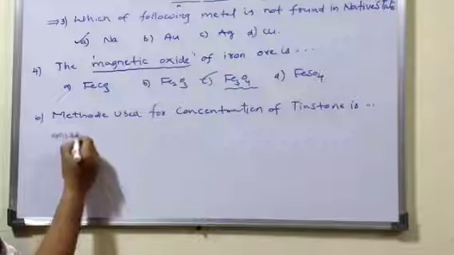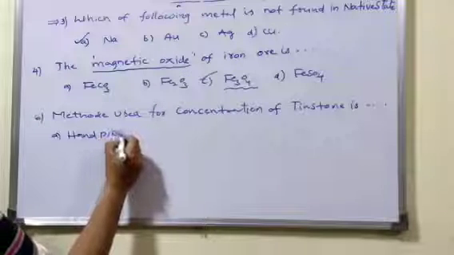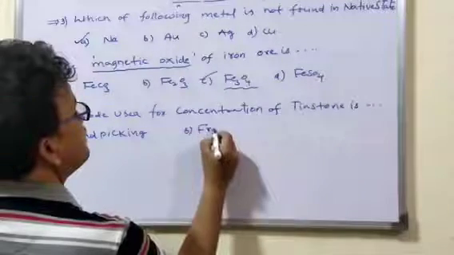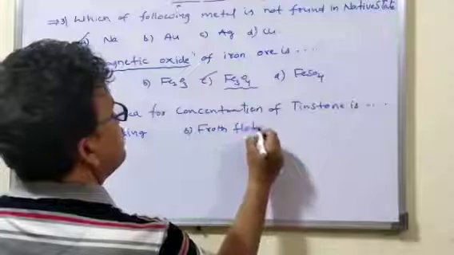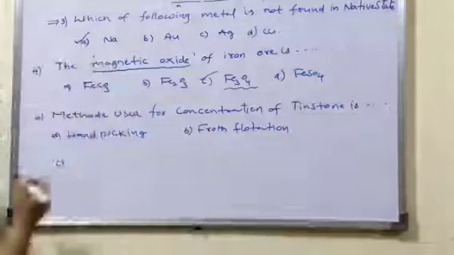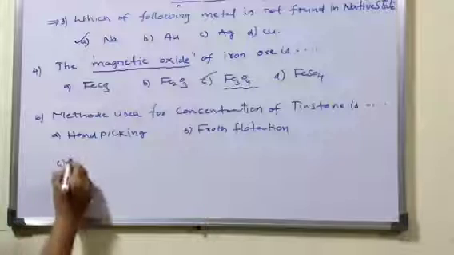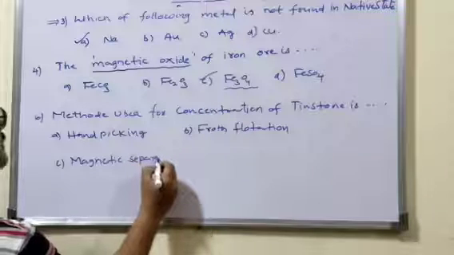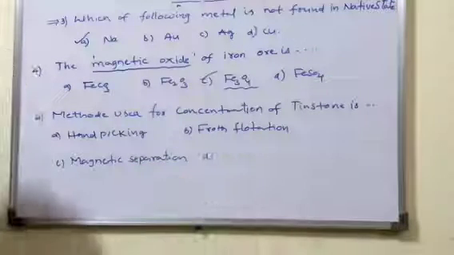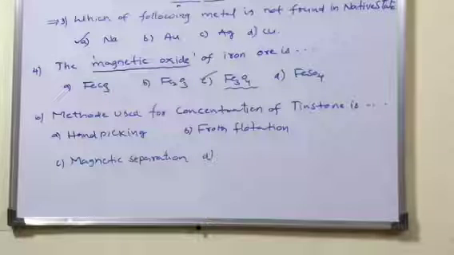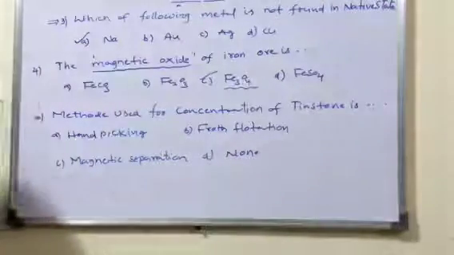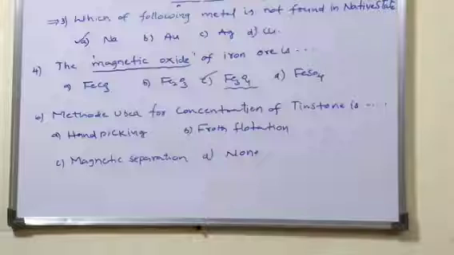Option A, hand picking. Option B, froth flotation. Option C, magnetic separation. And option D, none. Which method are we using to concentrate tin stone?